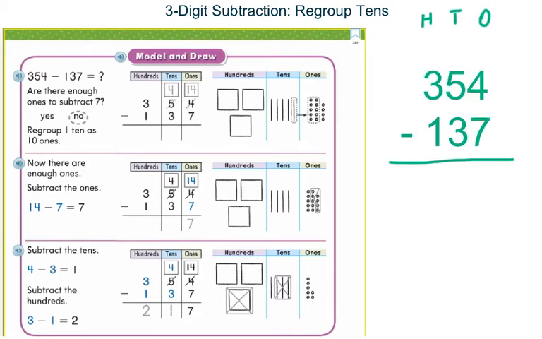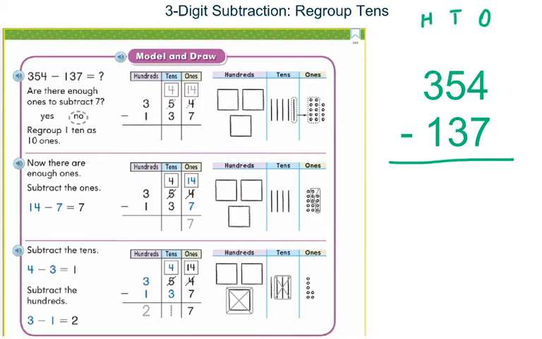The first thing we do is line up our hundreds, tens, and ones. We always begin in the ones place. And you ask yourself, are there enough ones to subtract 7?